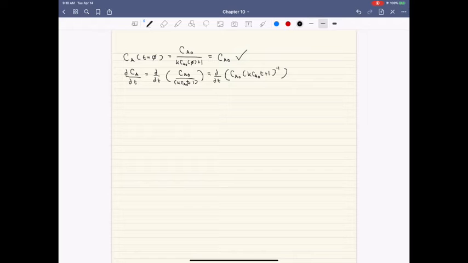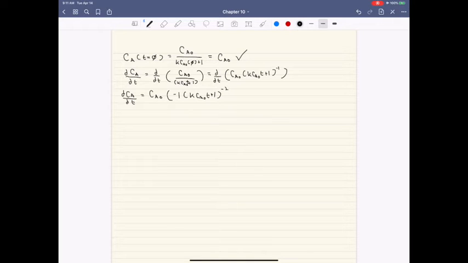And so what we do is we need to bring down the negative 1. The CA naught's a constant, that's fine. So when we take the derivative, we bring down the negative 1, and we have k CA naught t plus 1 now raised to the negative 2. And then based on the chain rule, we need to take a derivative of the stuff inside the parentheses. The only part that's a function of t inside the parentheses is this k CA naught times t.